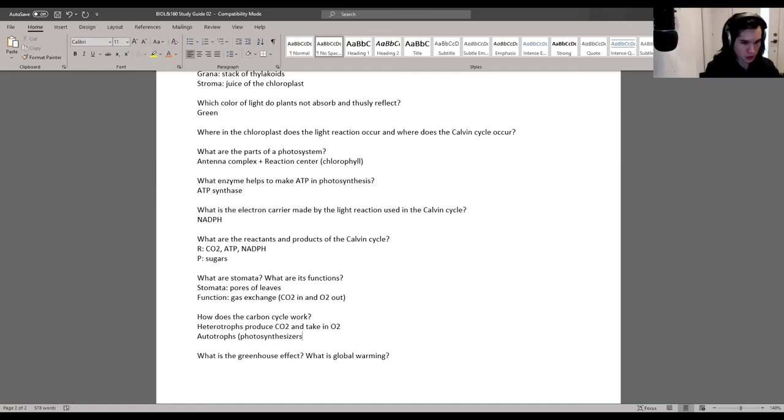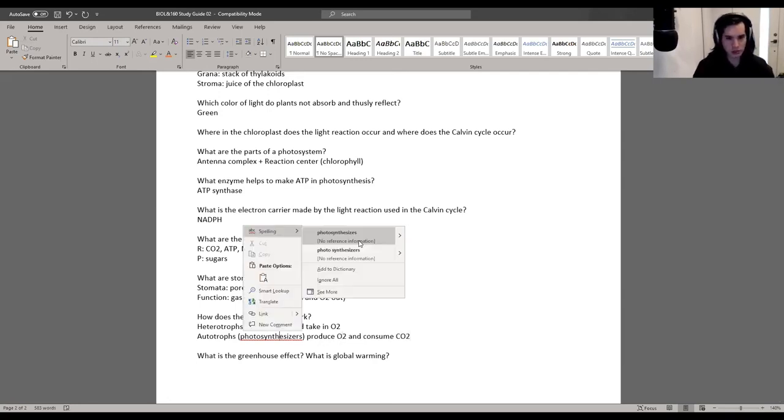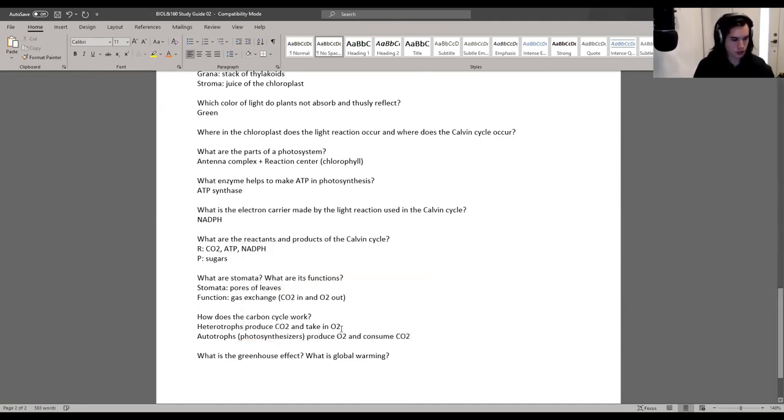Photosynthesizers produce O2 and consume CO2. And in short, that's pretty much the carbon cycle. So your autotrophs produce O2 and consume CO2.